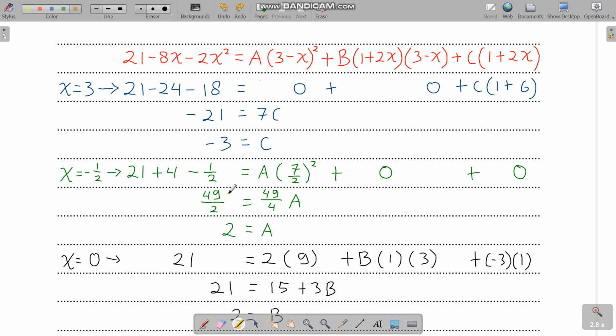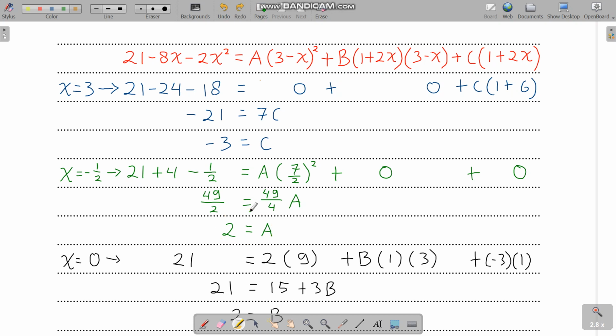And here, 3 minus minus 1/2 is 7 over 2. If you square it, you get 49 over 4, so 49 over 4 A. And here again, the whole term goes to 0. So we can find that A is 2.